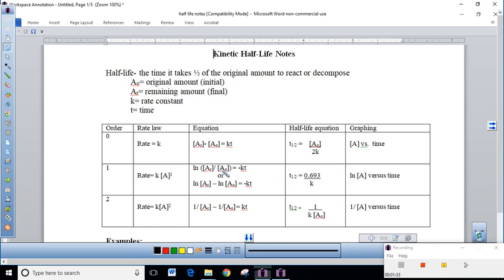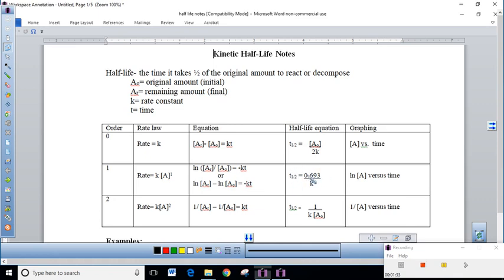Anytime you have one on top and one on bottom with the ln, you can separate them by taking the top minus the bottom. Well, we're going to need to use this one because our x is actually going to be here, and you can't solve it when you're looking for it here. My recommendation is probably to always use it like this. I think you'll have an easier time if you use the formula like that. So we're going to be using this equation. We don't need to bring the half-life into it.